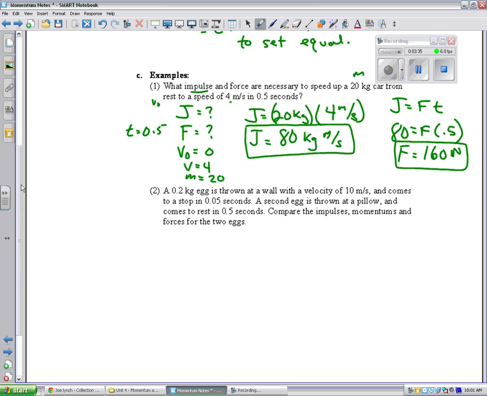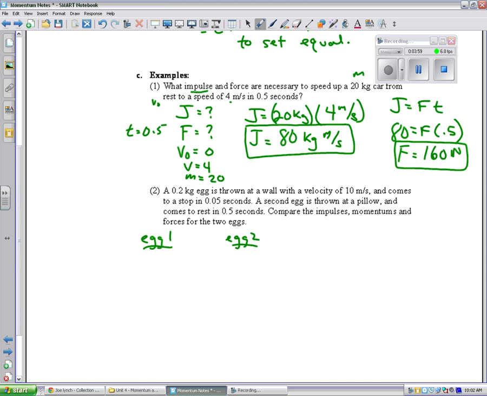Now, a 0.2 kilogram egg is thrown at a wall with a velocity of 10. It comes to a stop in 0.05 seconds. The second egg is thrown at a pillow and comes to rest in 0.5. We want to compare the impulses, momentums, and forces for each of the two eggs. So we'll do egg 1, egg 2.